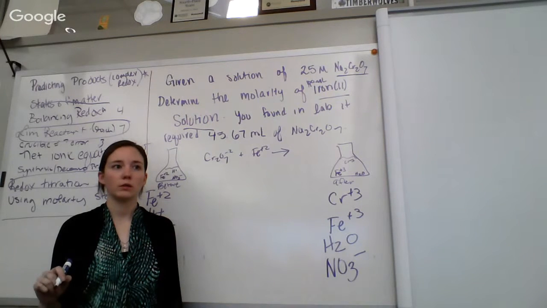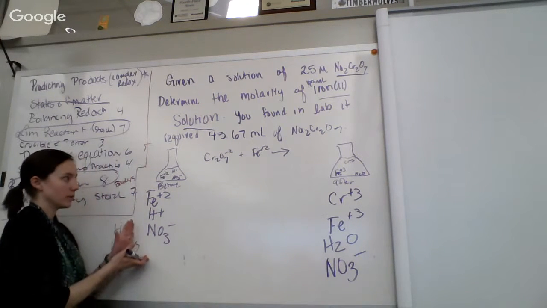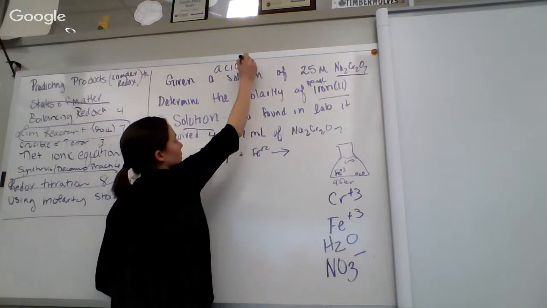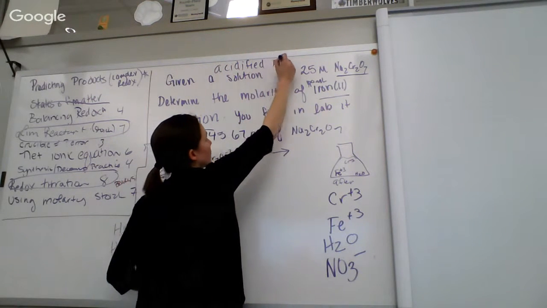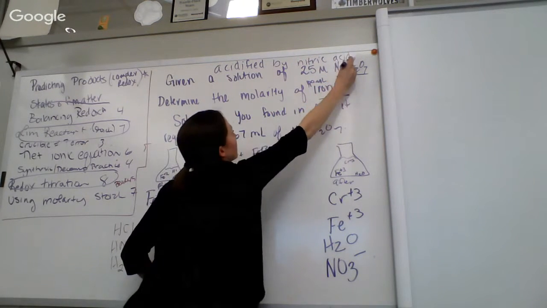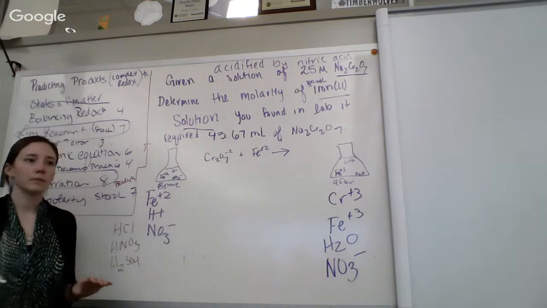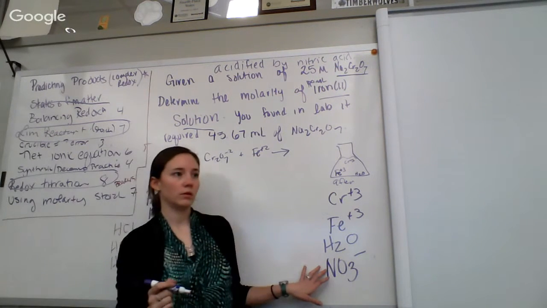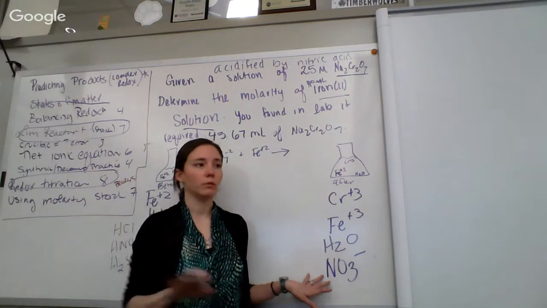Why is there H plus on the before and not just water? Because I told you here, in this one or this one, we don't need O2. We wouldn't make O2.